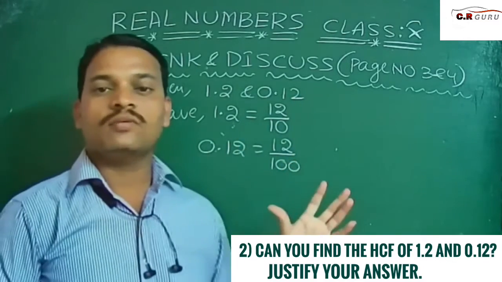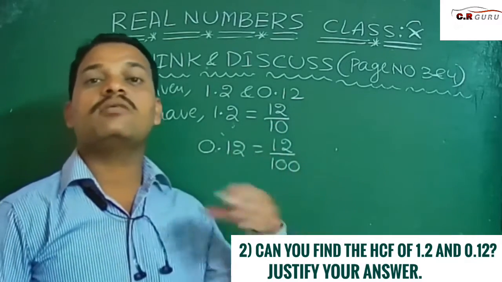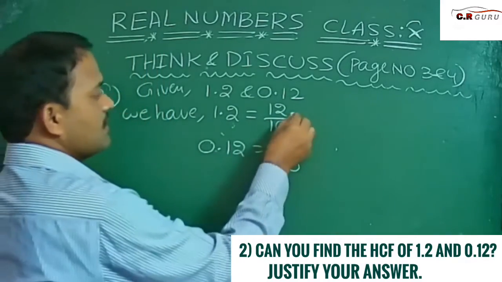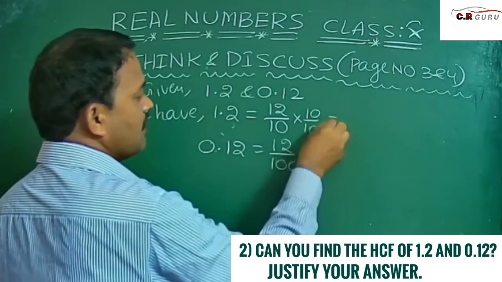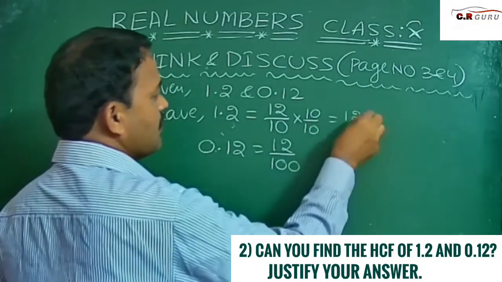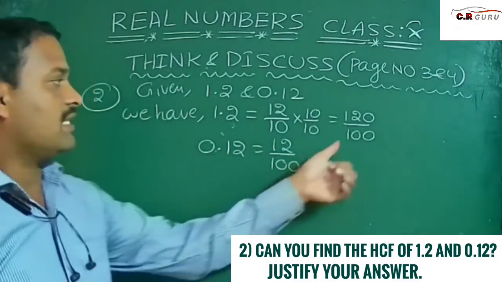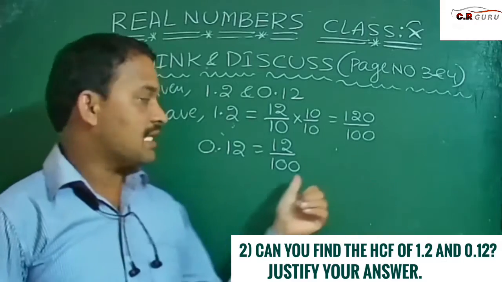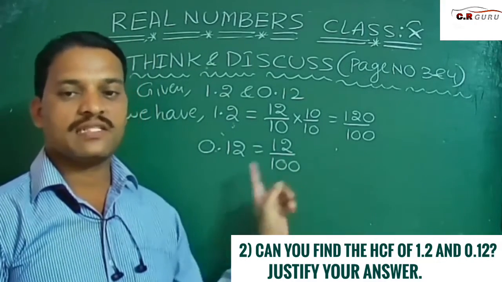To convert these two fractions into like fractions, I need to multiply numerator and denominator of the first by 10, which gives 120 by 100. Now the first value is 120 by 100 and the second value is 12 by 100. The denominators are the same.